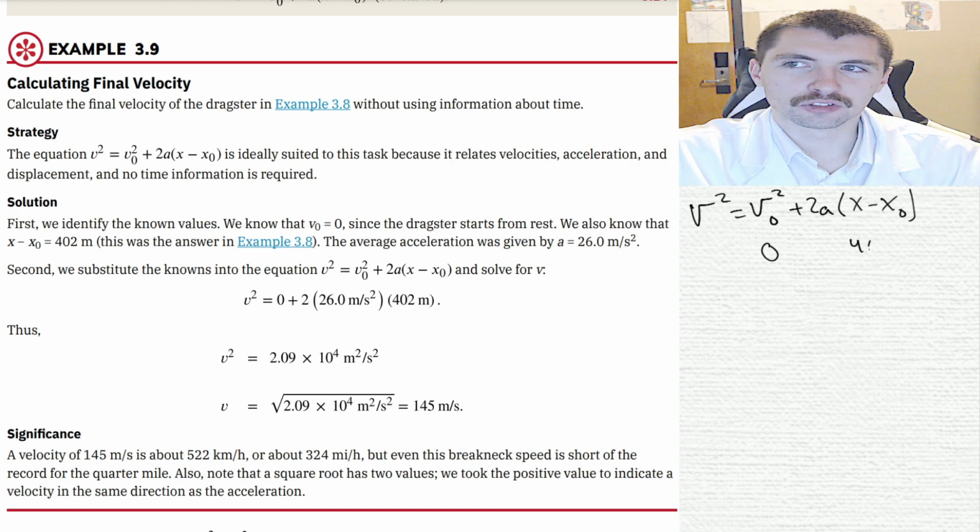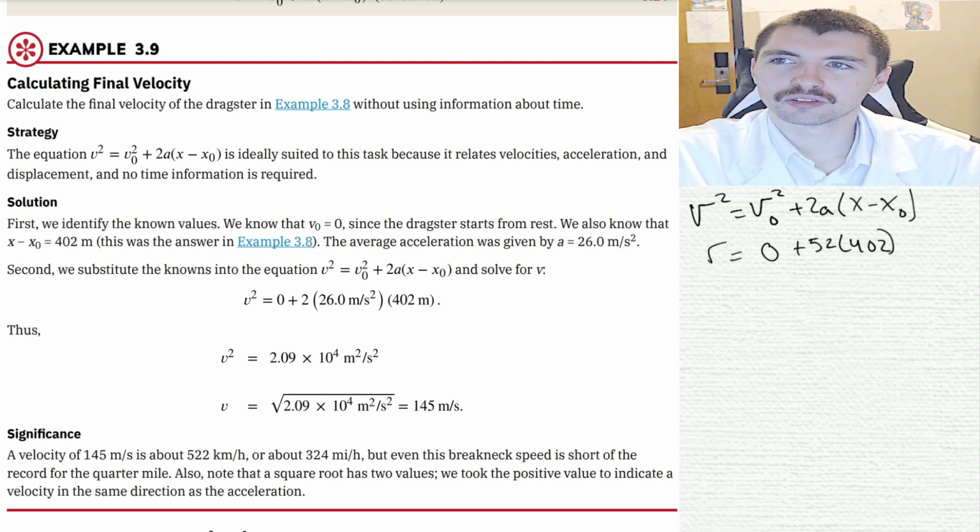This is 402. This is 26. So that's 4 times 26, 52. So it's going to be the square root of that.